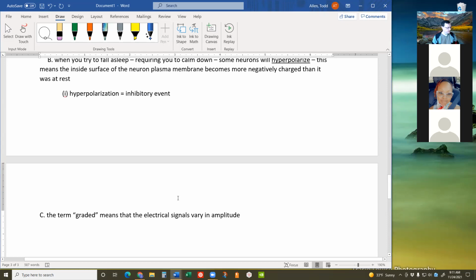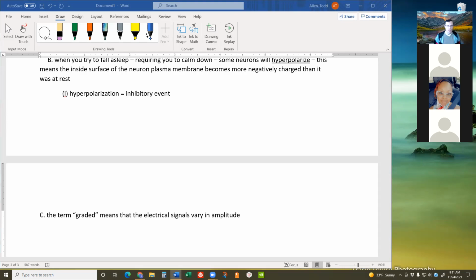So I'm going to ask a question about figure 12.16. I'm hoping you're able to see it.